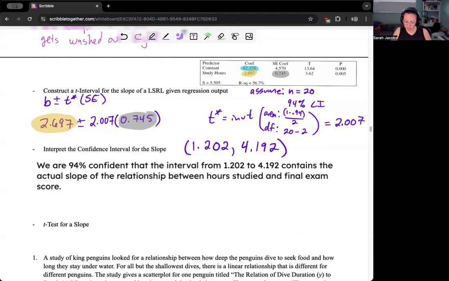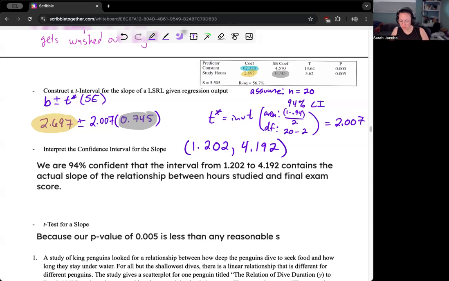So we're going to have two sentences, and we're going to start with because. Because our p value of 0.005, again, that's coming from up in that top right with the study hours p-value, is less than any reasonable significance level.